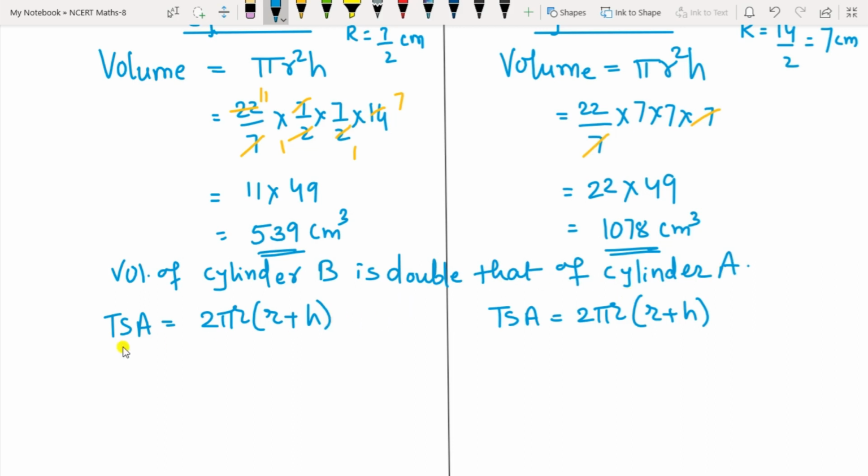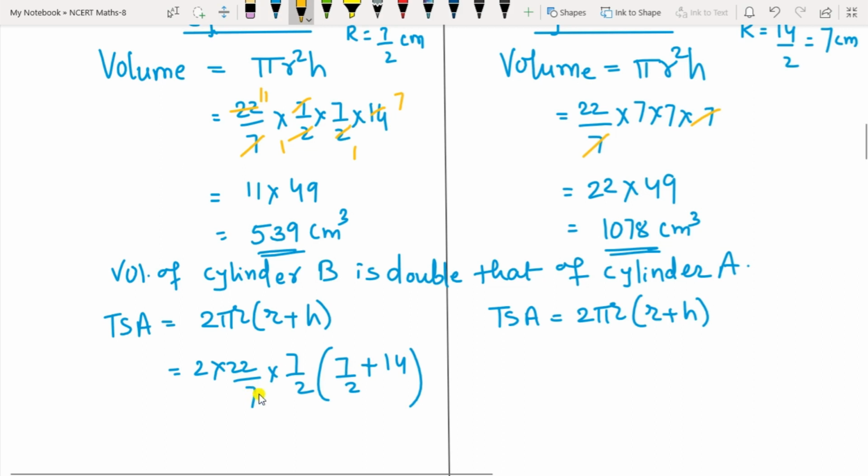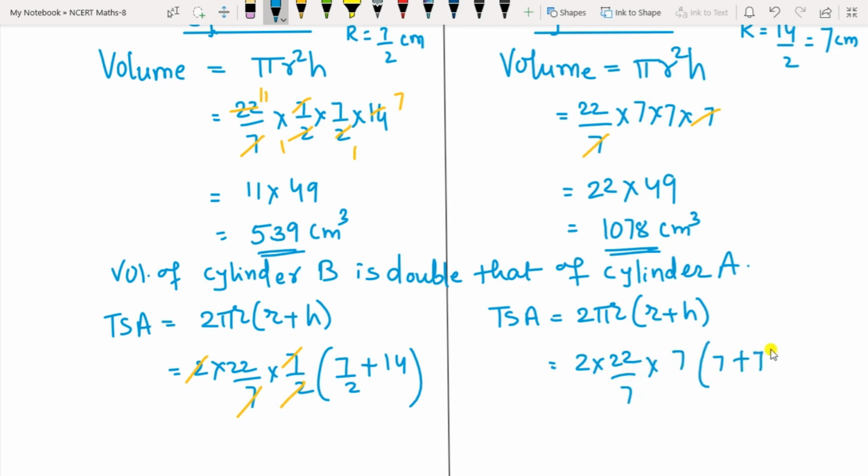Then you have to find the total surface area also. For total surface area, 2 pi r into r plus h: 2 into 22 by 7 into r, which is 7 by 2, into 7 by 2 plus 14. For the other cylinder, substituting the values, it will be 2 into 22 by 7 into 7 into 7 plus 7.